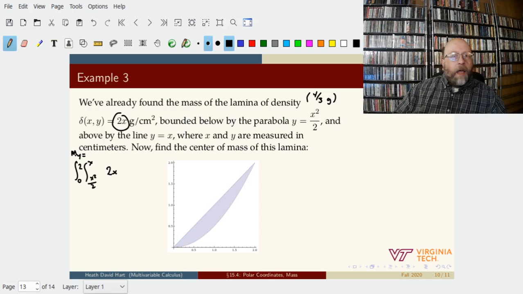And for My, we multiply by x again. And so that's going to be the integral that gives us My.